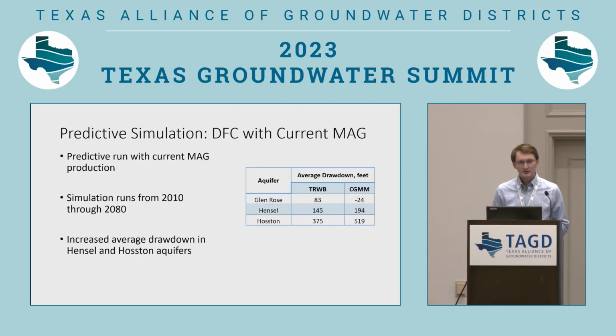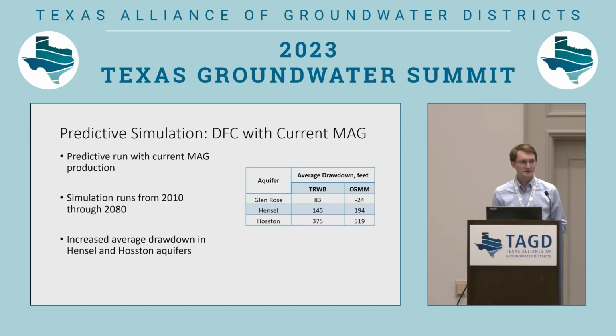Since we developed this submodel and were able to more closely align those drawdowns with the target data, one of the questions that we had was, given the current modeled available groundwater that's used in the Trinity Woodbine, what would the new DFC be? This was the first predictive run that we did. As you can probably guess, the average amount of drawdown did increase.